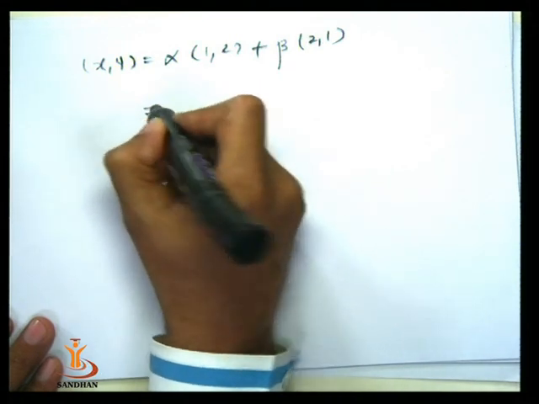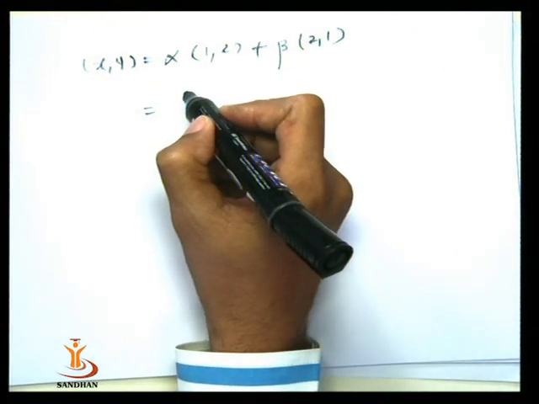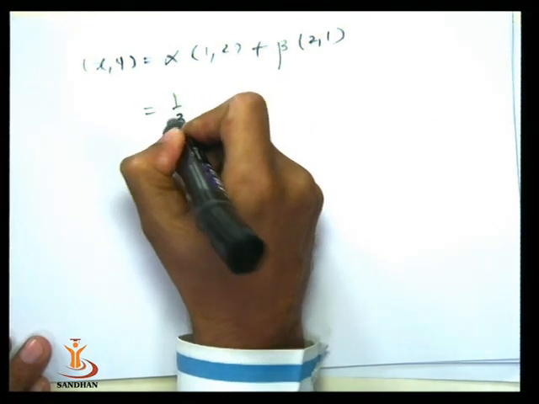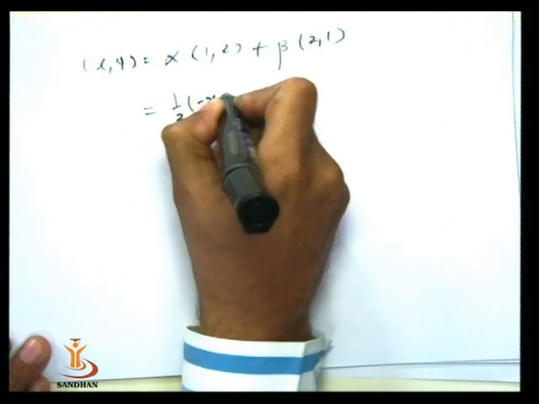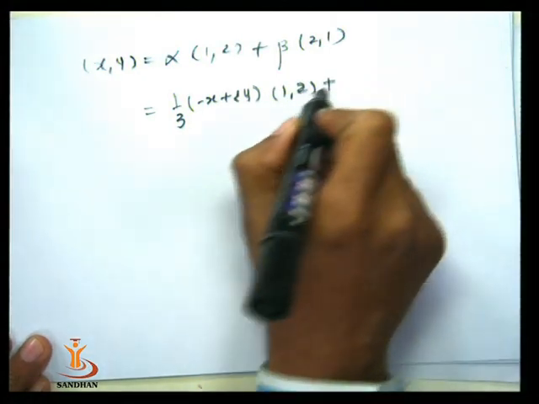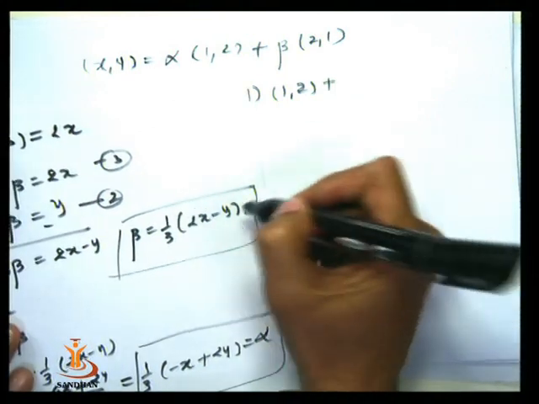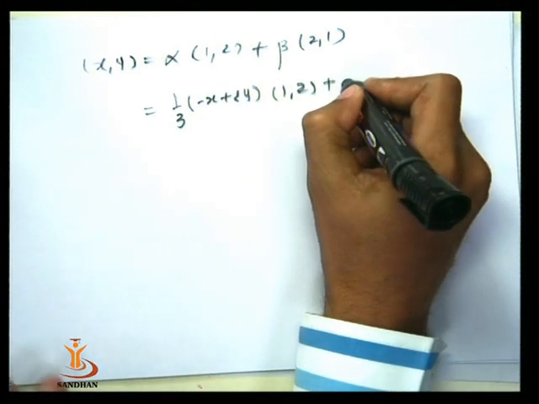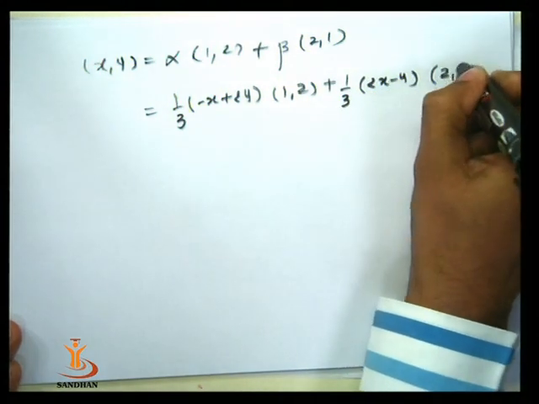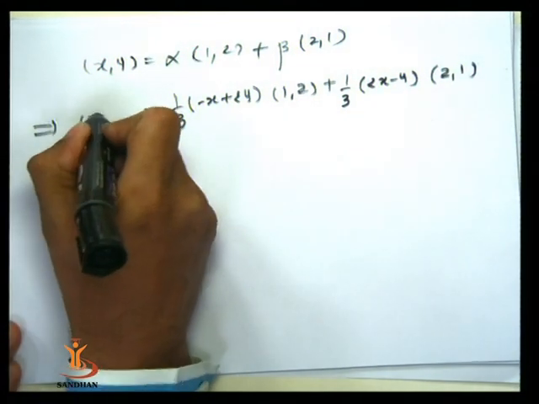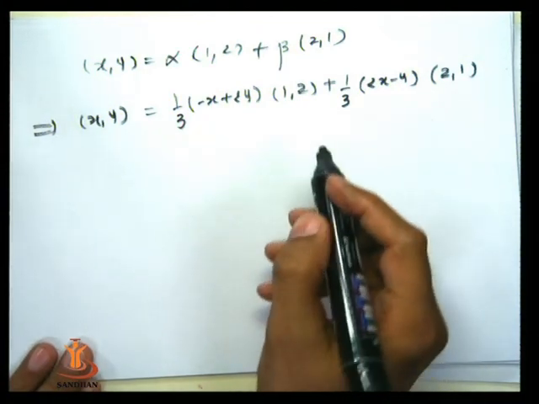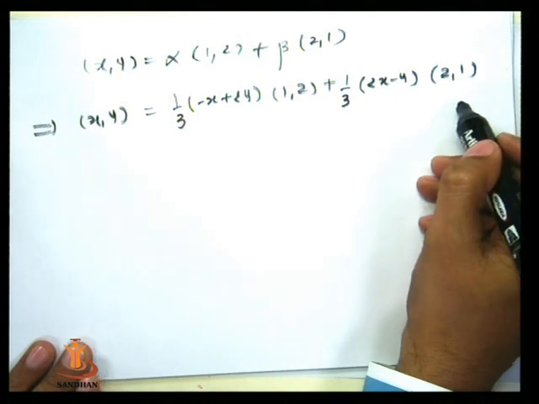By putting the values of alpha and beta here, alpha = 1/3 times (-x + 2y) into vector (1,2), plus beta = 1/3 times (2x - y) into vector (2,1). This is our (x,y), that is, any vector (x,y) of R2 can be expressed as a linear combination of vectors (1,2) and (2,1) this way.